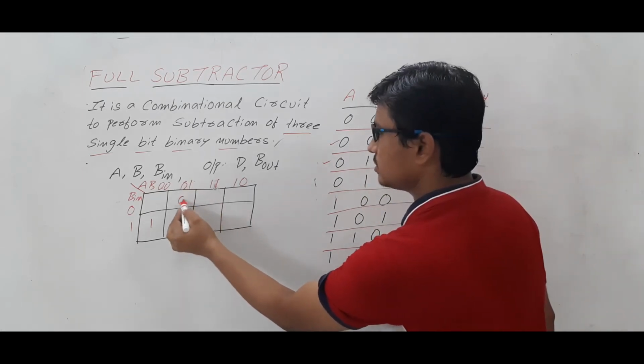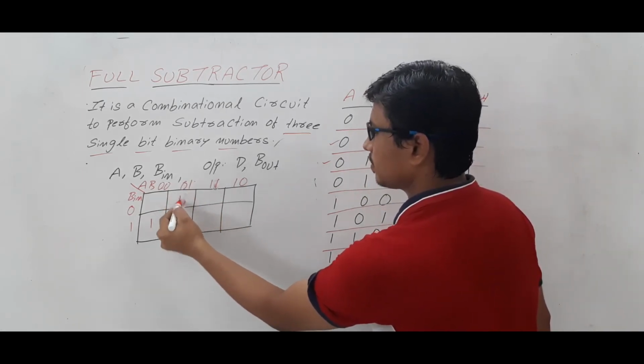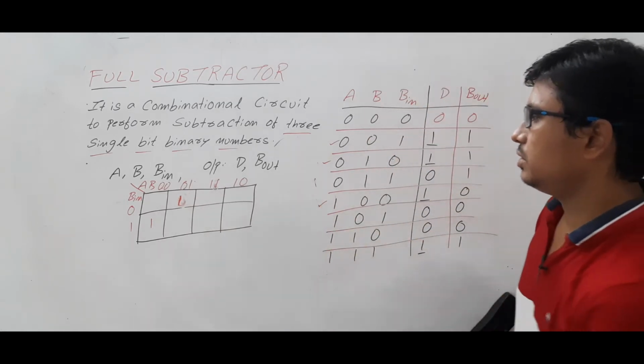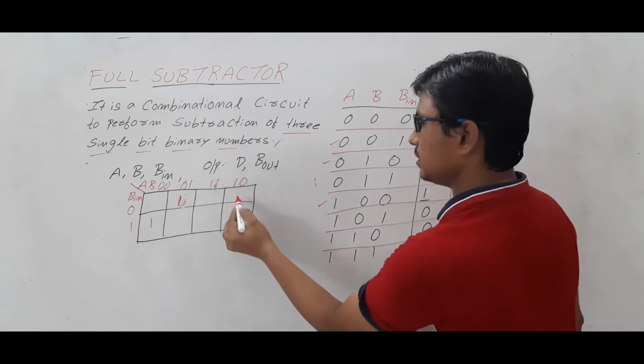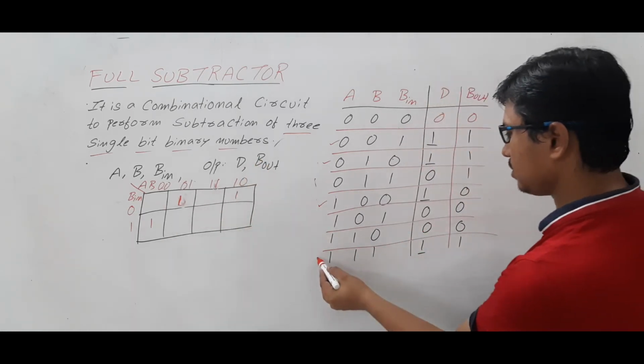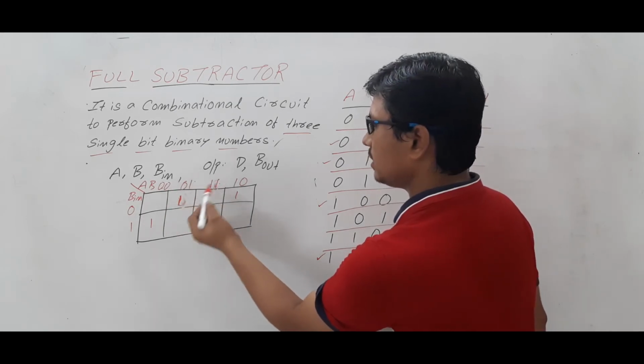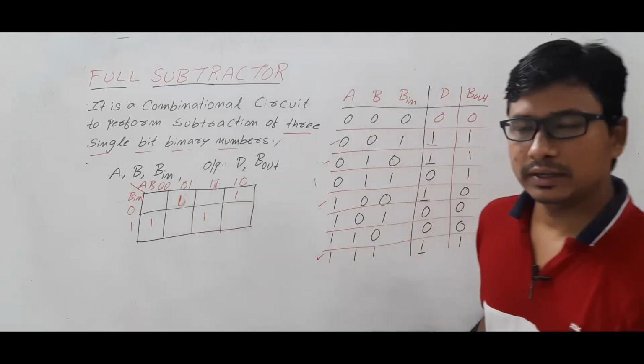Is it clear? Then 1, 0, 0. Then 1, 1, 1. So here we got it.